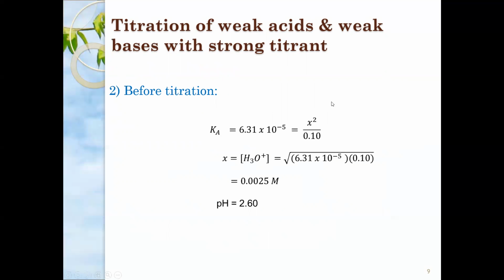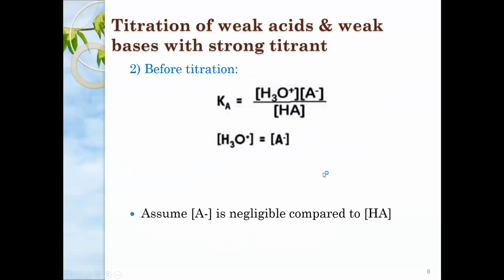Ka is given just now. So the expression would be x squared over 0.1. We get this from the expression in the previous formula. When it dissociates, you get H3O+ and A minus, and this is the original concentration.